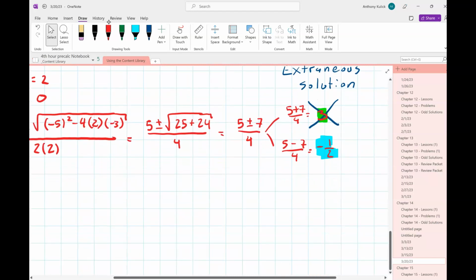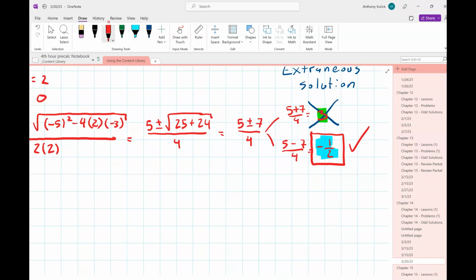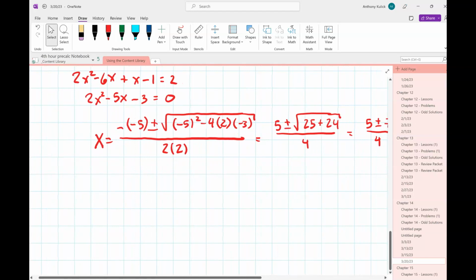So that one is perfectly fine because it doesn't give me a 0 denominator at any point. So far, so good. Okay. Let's do another.